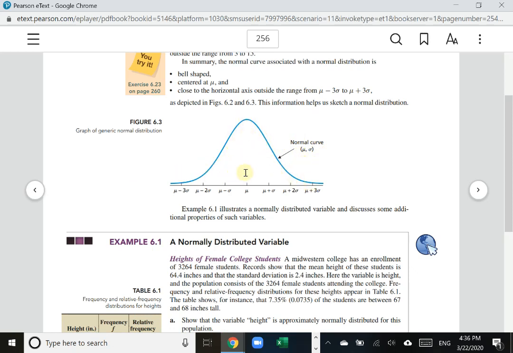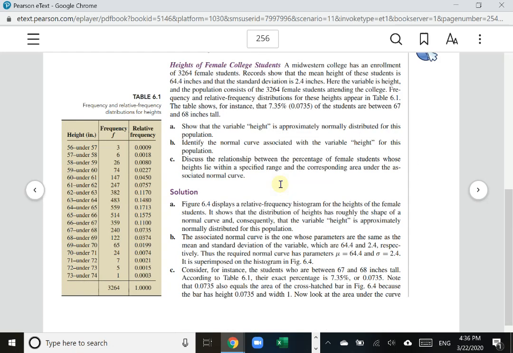The center of the distribution is mu, and you have 1 deviation, 2, 3 above, 1, 2, 3 below, and if you note, 6 sigma, 6 deviations, covers almost the entire curve. That's why this curve is so useful, because it tapers quickly, and we're going to take advantage of the behavior of this curve later on when we talk about other topics.